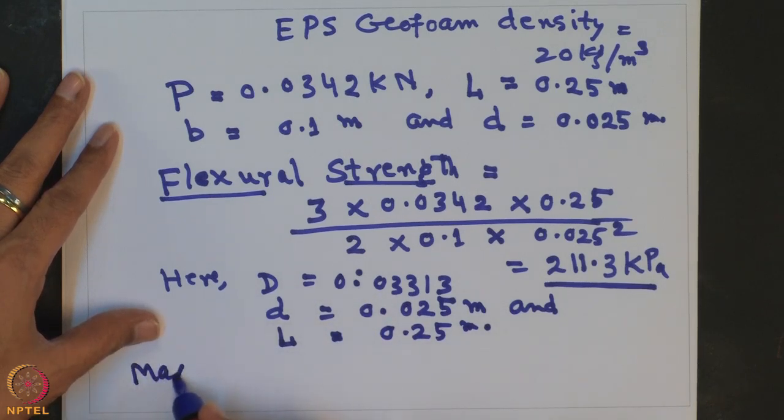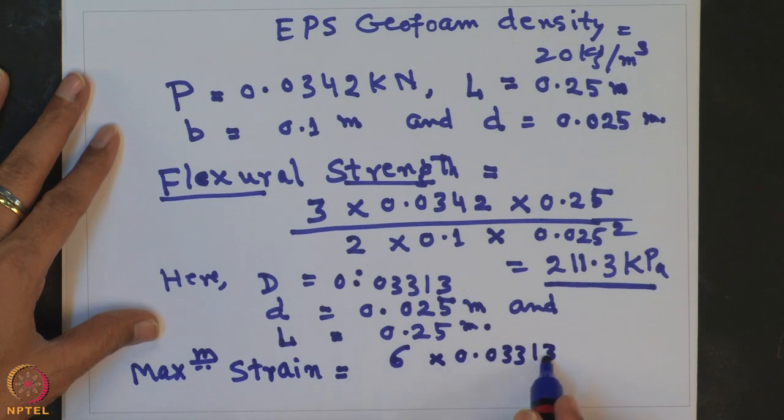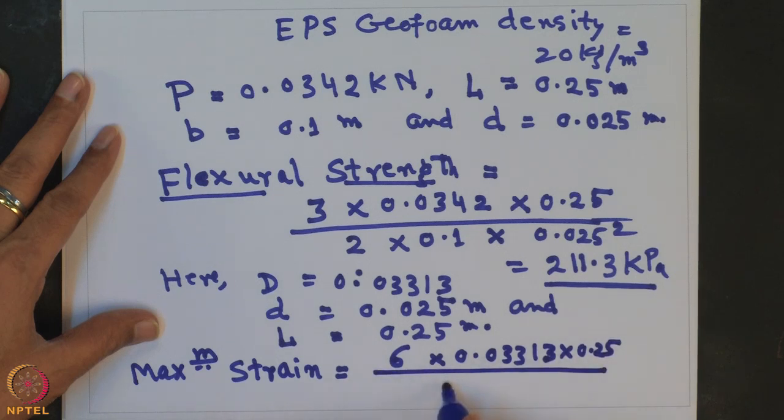The maximum strain is equal to 6 into 0.03313 into 0.25, divided by 0.25 squared.